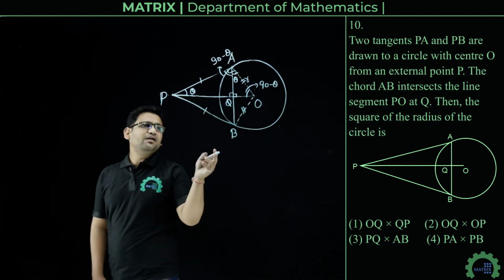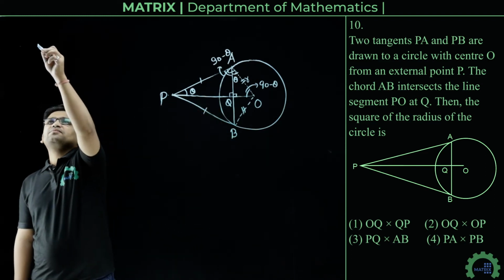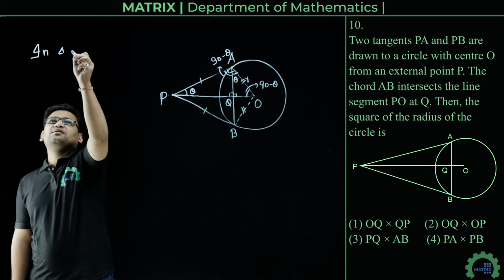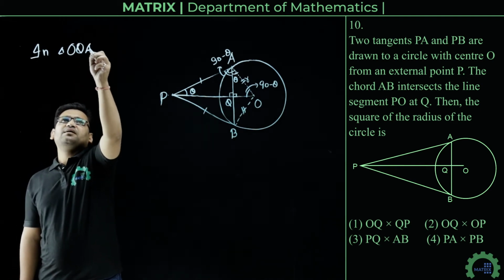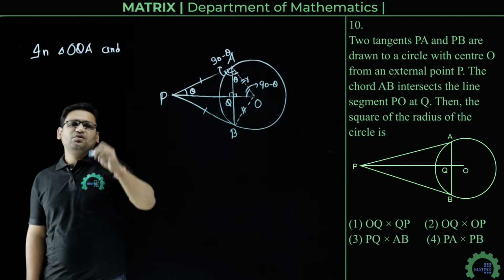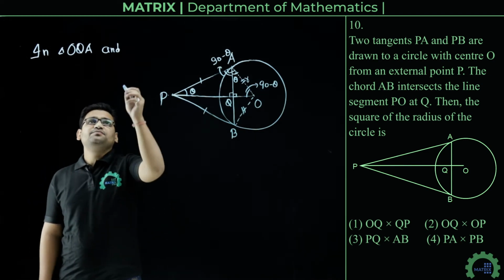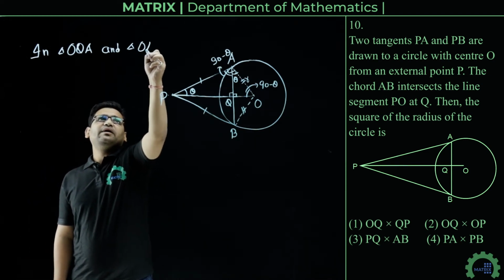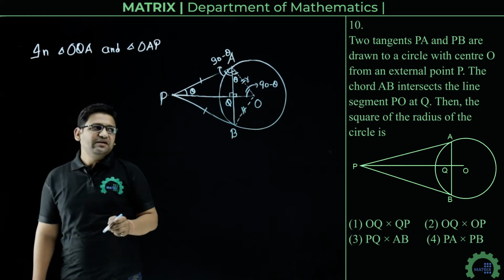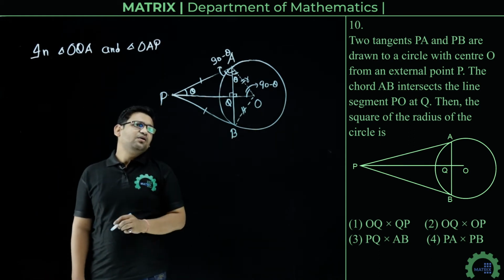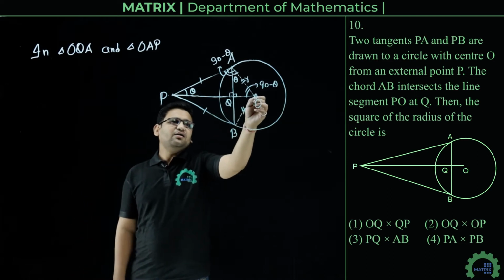So in triangle OQA and triangle OAP, we can see that angle OQA is 90 degrees.